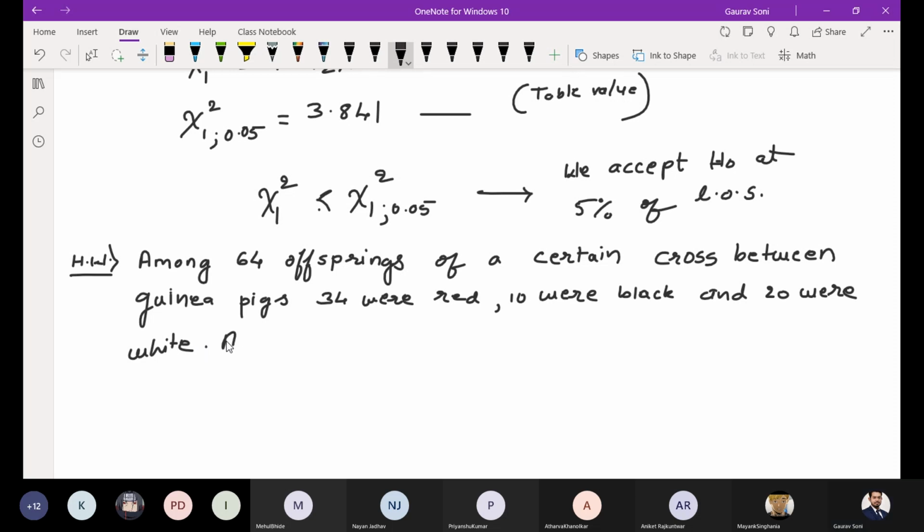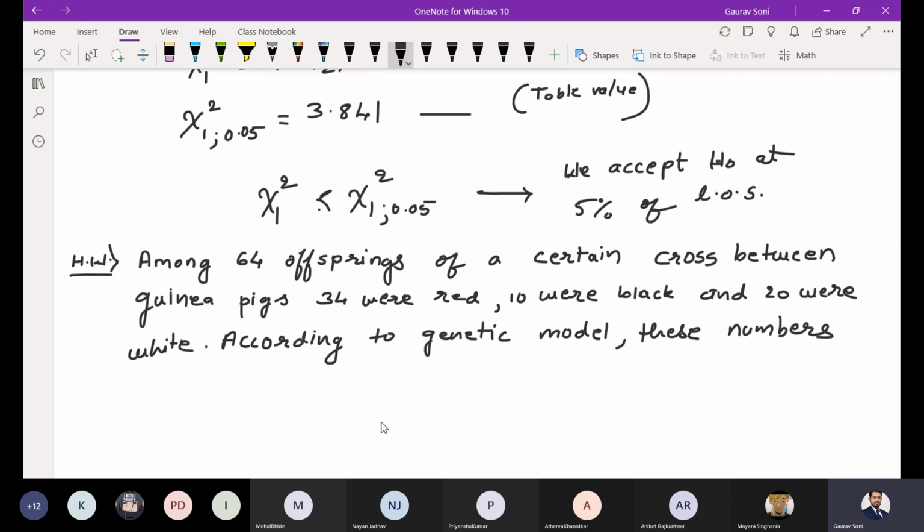According to the genetic model, these numbers should be in the ratio 9 is to 3 is to 4.